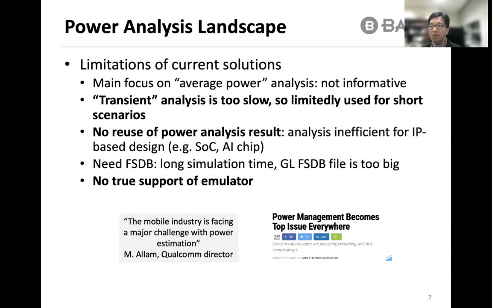FSDB files, in particular gate-level FSDB, are very big and take a long simulation time to get. Emulators still rely on simple toggle counts for a rough estimate of power, because current power analysis solutions and the emulator cannot be integrated together.